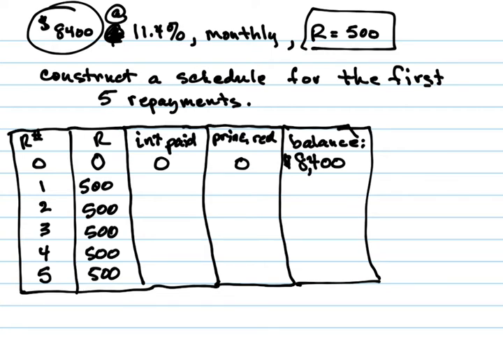Now what we need to do is find interest, which means I need an I value. And my interest is 11.4% monthly. So I'll change 11.4 to a decimal, 0.114. But since it's monthly, I need the interest rate per compounding period. So that's not the number I'm going to use.